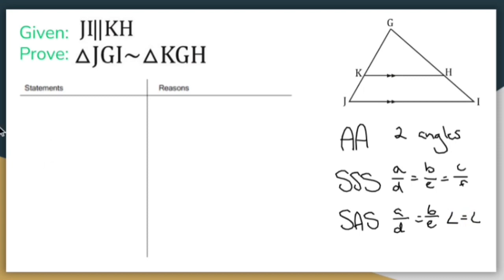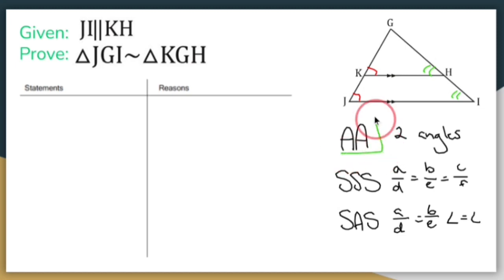So what I'm going to do here is see what information I have. I have the fact that JI and KH are parallel. Now that would make J and K congruent because they're corresponding angles. What that also means is H and I are congruent because those are corresponding angles too.